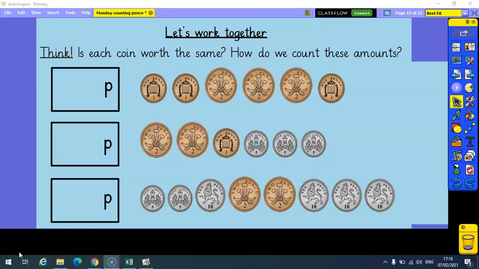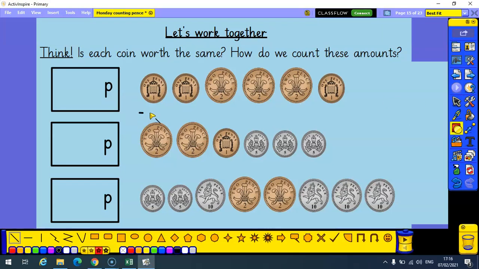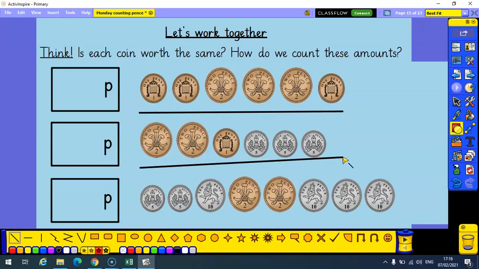Oh my goodness, this is tricky, isn't it? So I'm going to count the coins in each row again. But in these rows, the coins aren't all the same. How am I going to count these amounts?